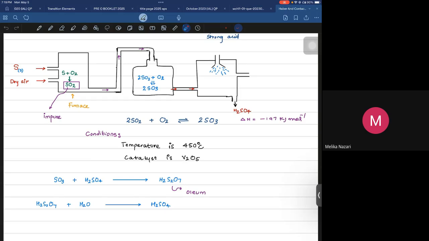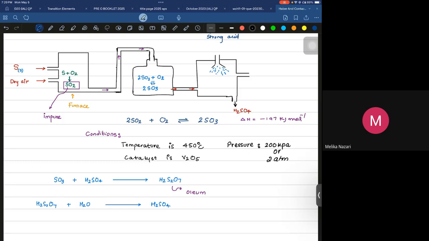So you must know the temperature, you must know the pressure, you must know the catalyst. The temperature is 450 degrees Celsius and the pressure is 200 kilopascal, or you can say 2 atmosphere. 2 atmosphere is equal to 200 kilopascal.